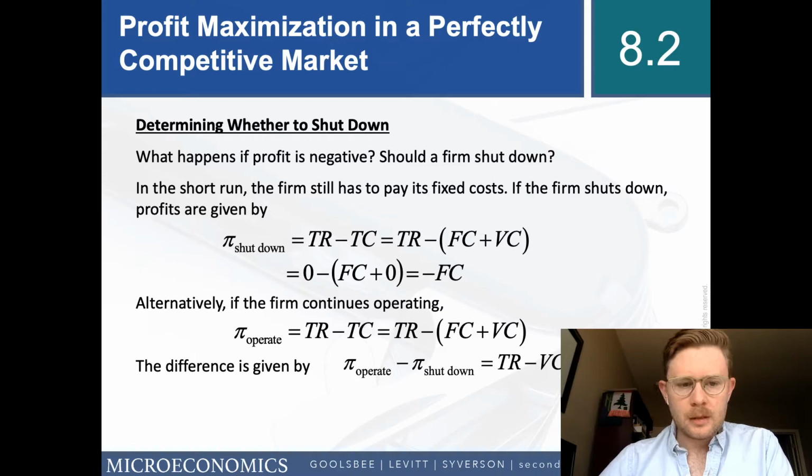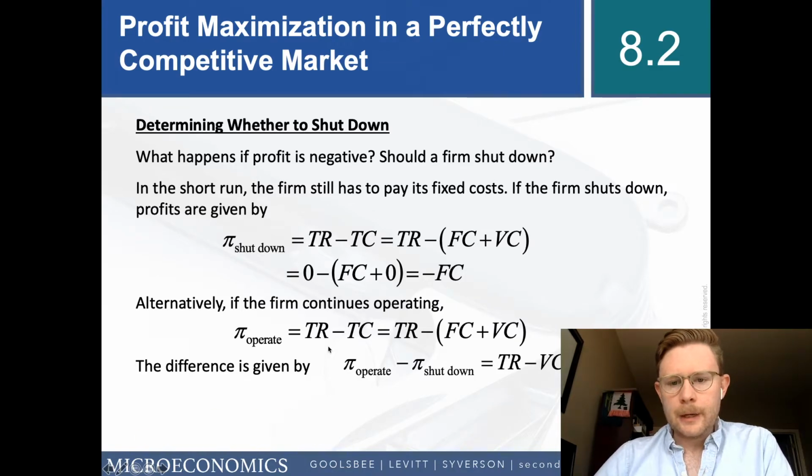Again, that's just because in the shutdown case above, you don't have any variable costs. So the only difference between the two is the amount of revenue that it receives when it doesn't shut down and the additional variable costs that it incurs by not shutting down.